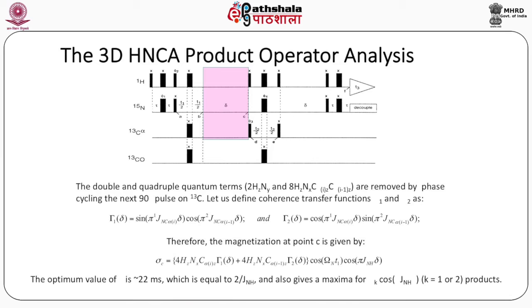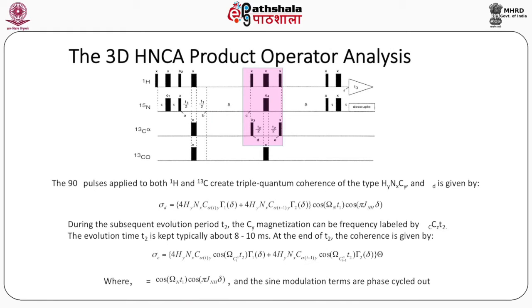The optimum value of delta is 22 millisecond, which is equal to 2 divided by J NH, and also gives a maxima for tau k cos pi J NH delta, where k is equal to 1 or 2.